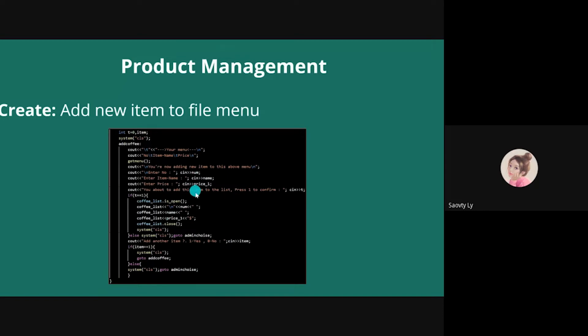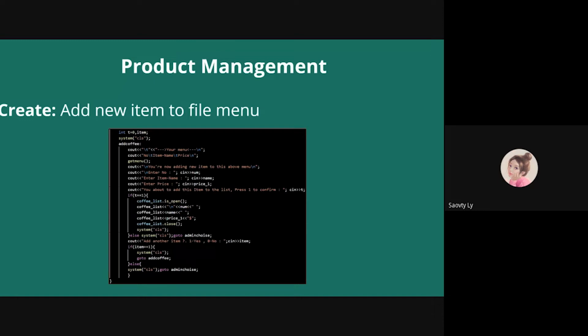If the user is about to add the item to the list, then the user will press 1 to confirm. If the user presses 1 to confirm, it will fall into the condition and add the data to the file menu.